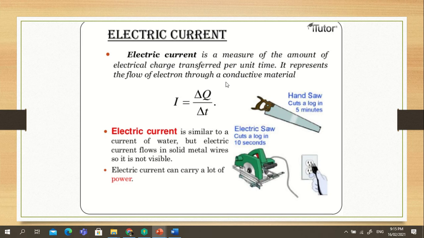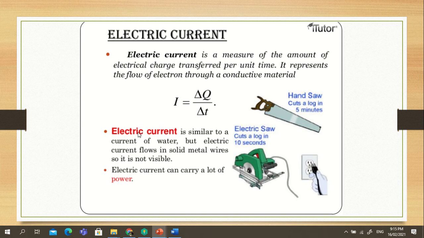Mathematically, this is given by this equation: I stands for the current, delta Q is the change of charge, and delta T is the change of time.